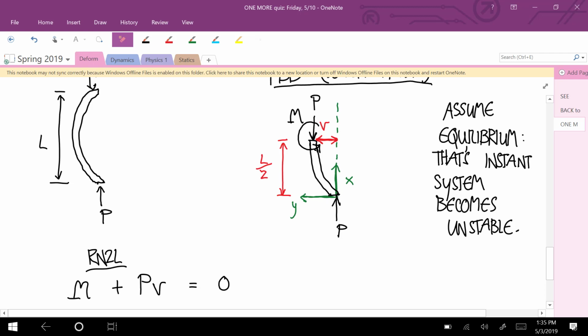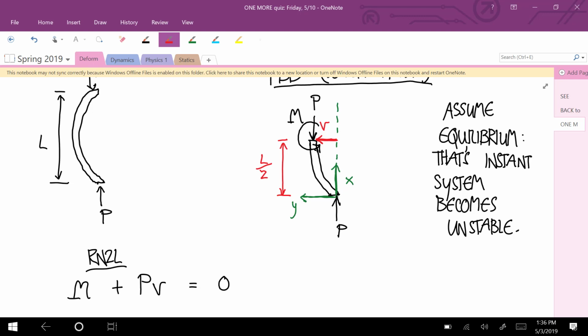Yeah, so the confusion was the way I did it before. I drew it with a negative deflection, and so it was sort of confusing to get an idea of the direction of the rotation the moment was applying. So here I have it drawn with a positive deflection, and it's easier to get your signs right.